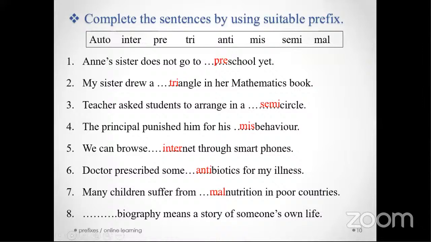And last one, autobiography means a story of someone's own life. autobiography කියන්නේ කෙනෙක්ගේ තමුන් ගැනම කතාව ඉදිරිපත් කරන එක, right? ලියා ගන්න answers ටික.